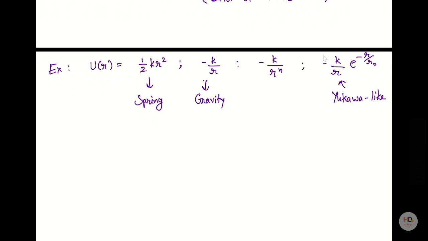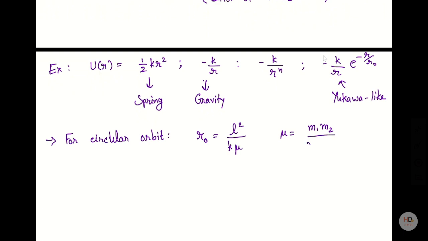Okay, and we saw one thing, that for circular orbit, we have r0 to be L square by k mu, where mu is your effective mass, m1 m2 by m1 plus m2.